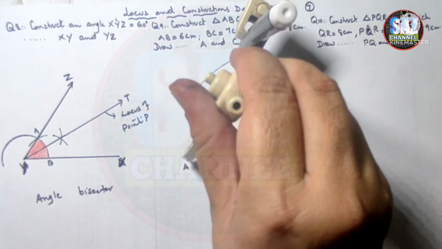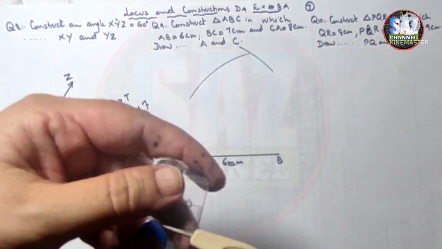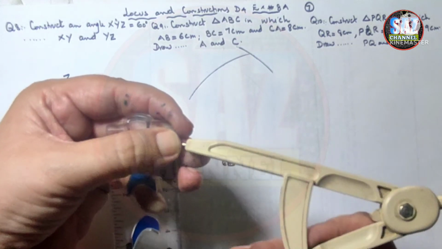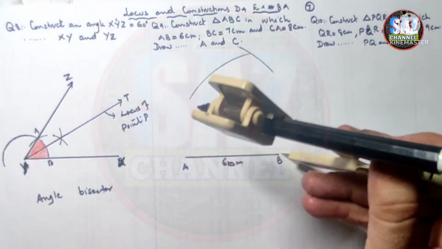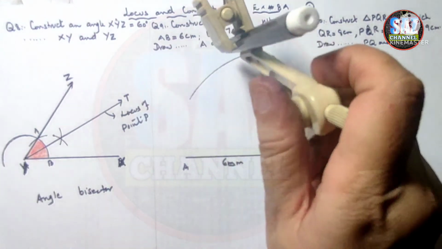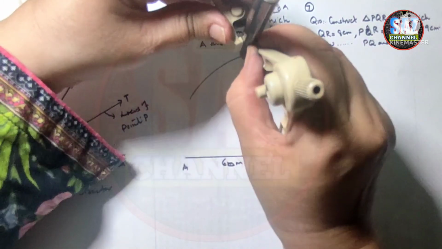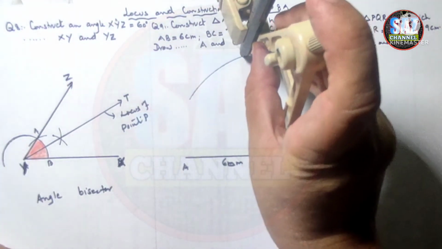Okay, no problem if the already drawn arc is not properly cutting; we got the idea, but let me open the compass again. Don't worry, don't get upset, okay, at all. Everything has its solution. Let me make it a little bigger or smaller. We can change and adjust the radius.